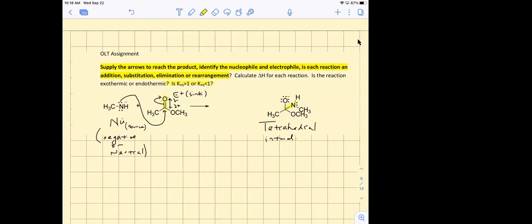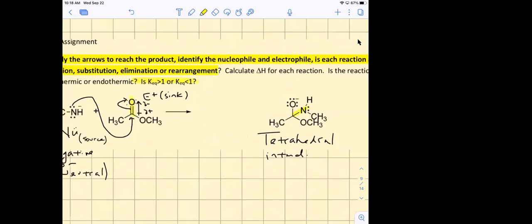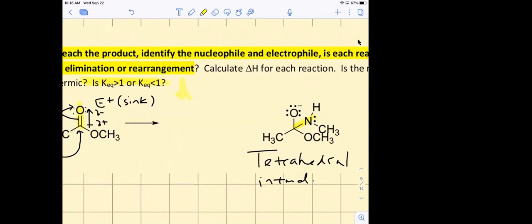So this would be considered an addition reaction. All right, are we okay with that? That this is an addition. I added a nucleophile to a pi bond. So that's an addition.